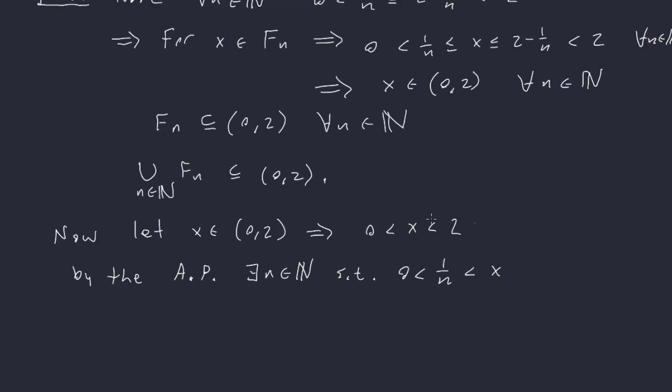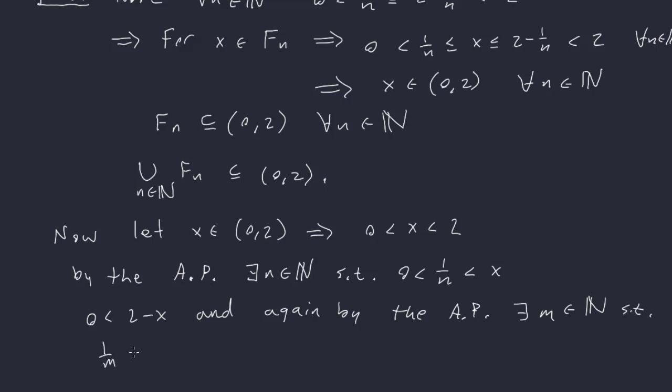Since x is less than 2, that means 0 is less than 2 minus x, and by the Archimedean property there exists an m such that 1 over m is between 0 and 2 minus x, and if we move things around, this tells me that x is less than 2 minus 1 over m.